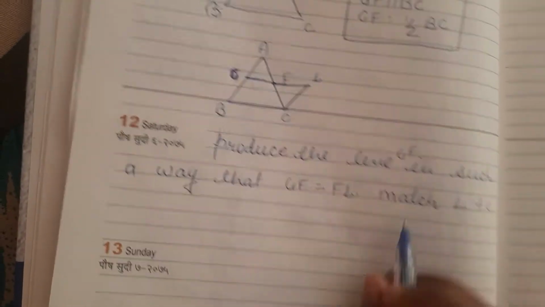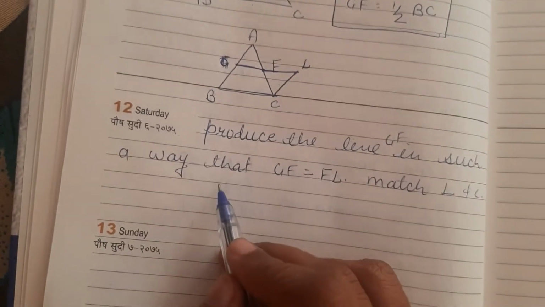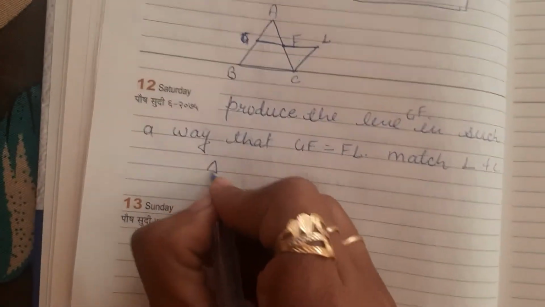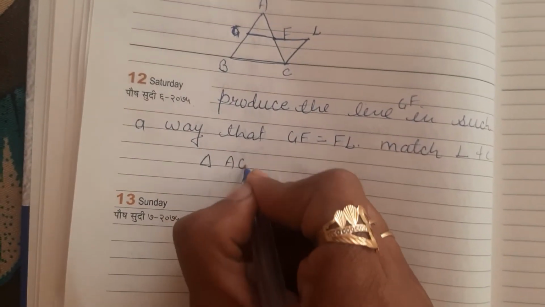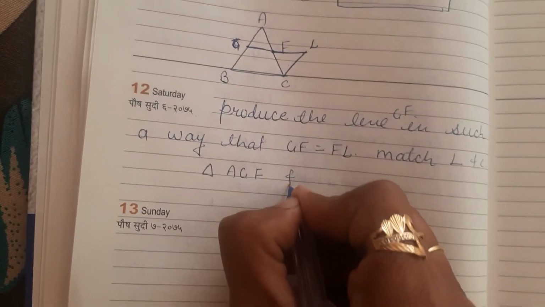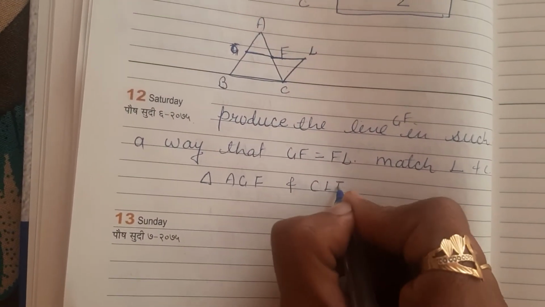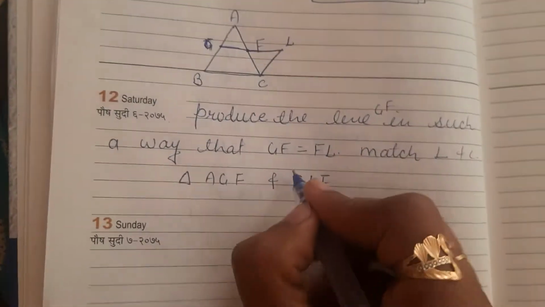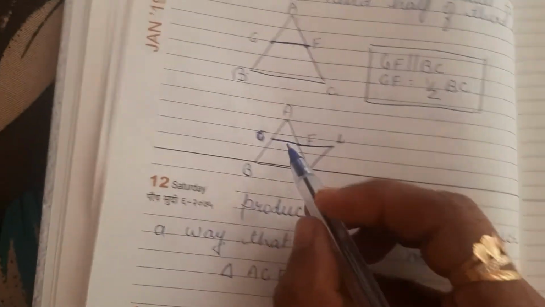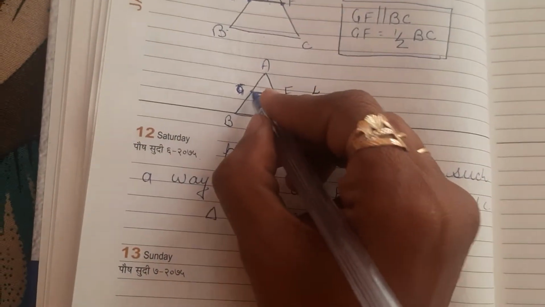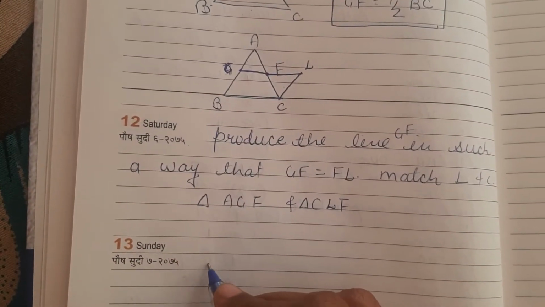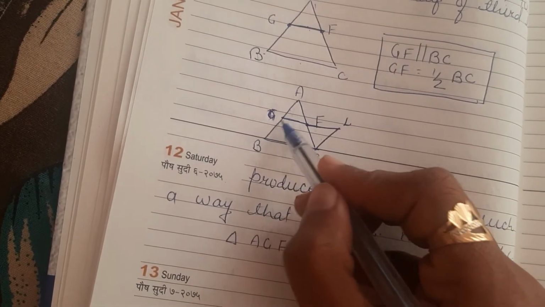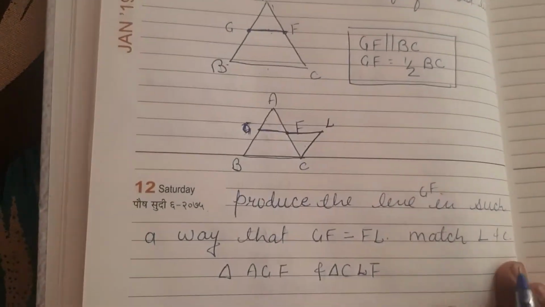Clear? Now we have two triangles, AGF and CLF. In these two triangles we can say, as G was the midpoint, BG is equal to AG.